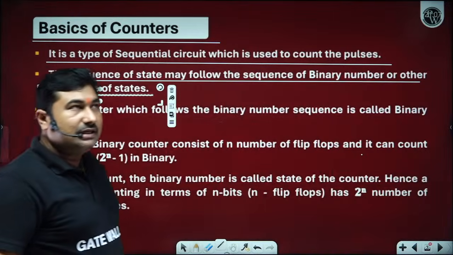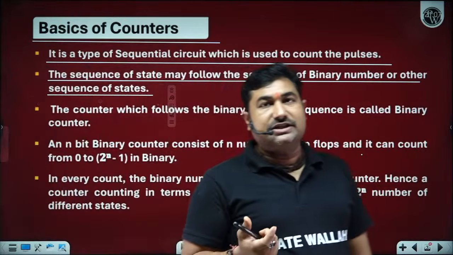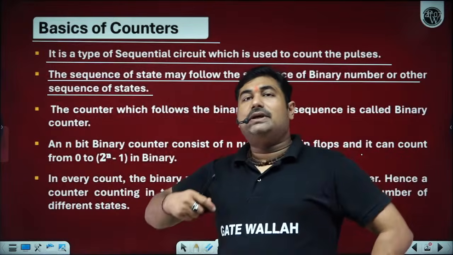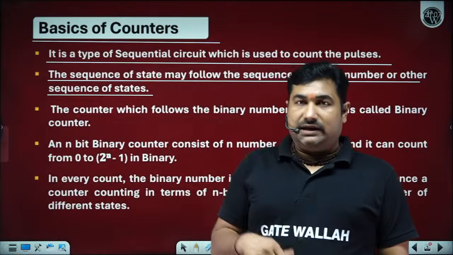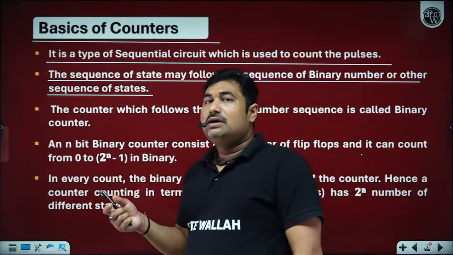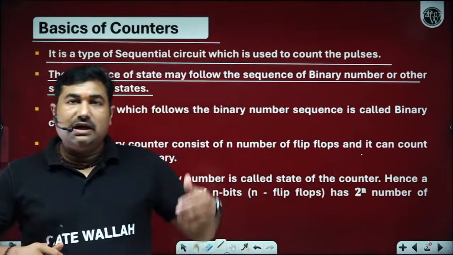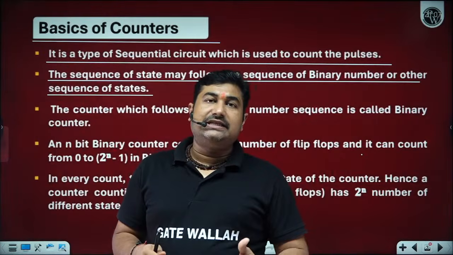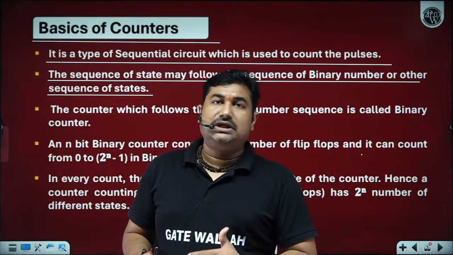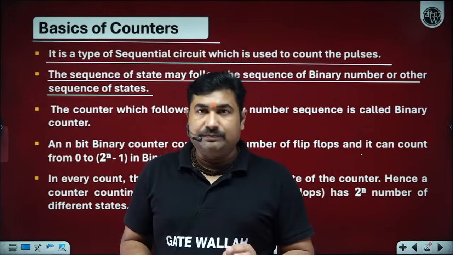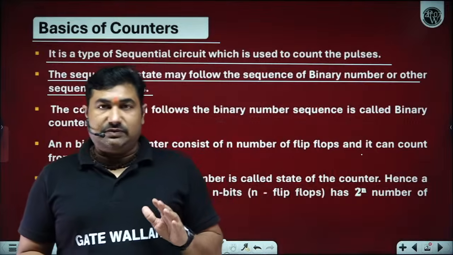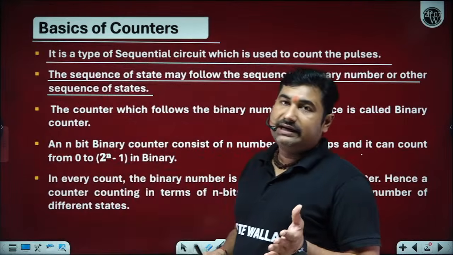It means suppose on the first clock we are getting 000, then on application of the next clock in the counter we may get 001, in the next we get 010. So if we are getting the binary sequence, binary of 0, 1, 2, 3, 4, 5 and so on, then the counter is called a binary counter. If it counts in some other sequence, then it is called a non-binary counter.